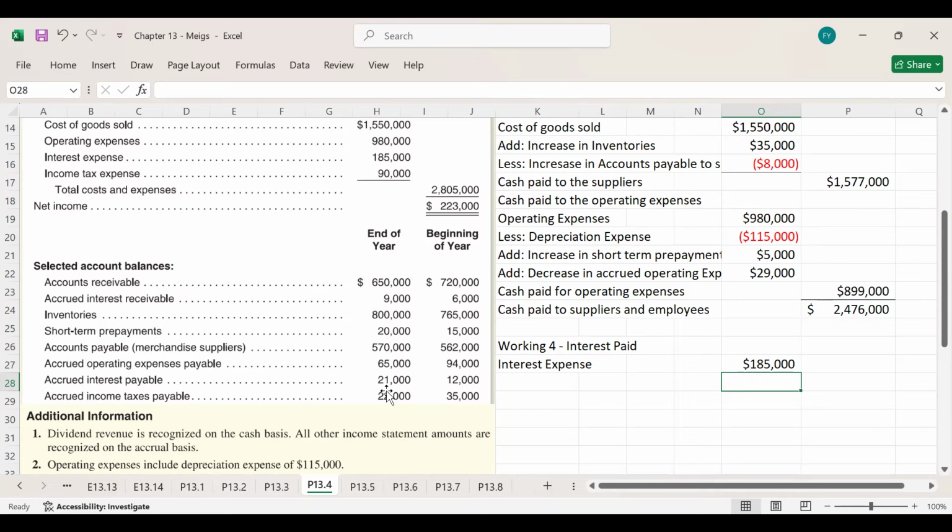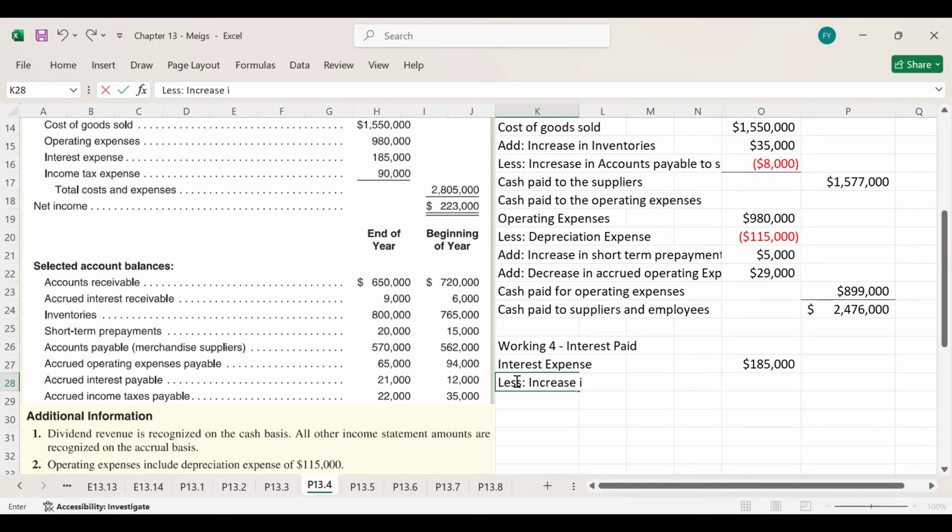This increase means that a portion of interest expense has been recorded but not paid in cash. So in order to calculate actual cash paid for interest, we subtract any increase in interest payable. As we have the increase, we are going to deduct it.